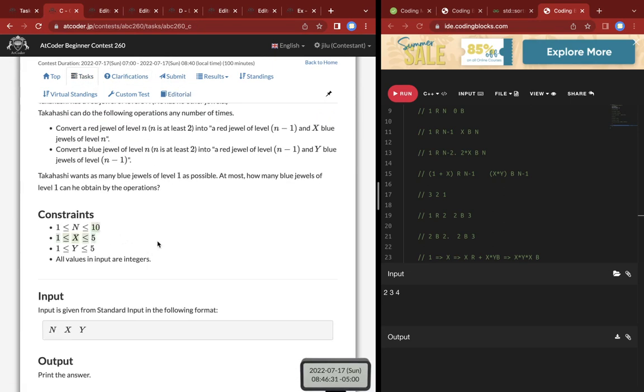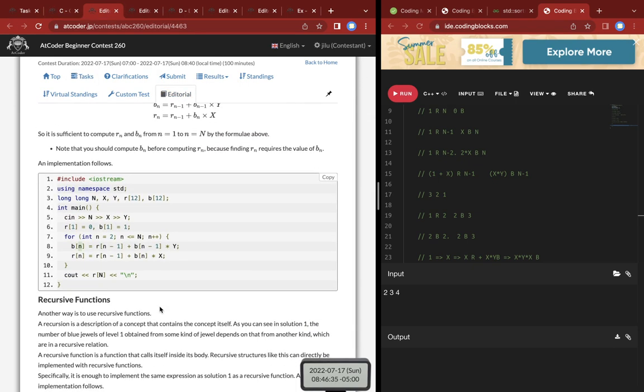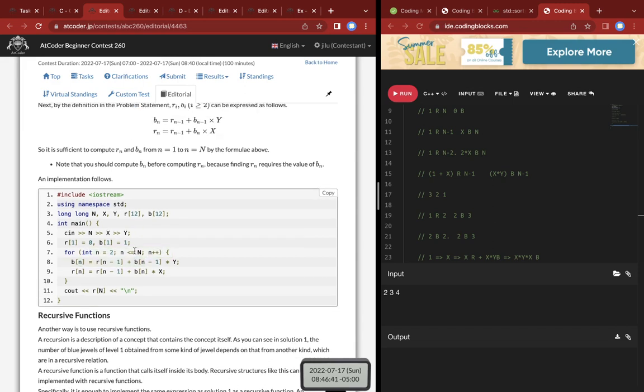N is up till 10. Okay, so for int n equals 2, n less than or equal to n, n plus plus. That's cool, that's cool.